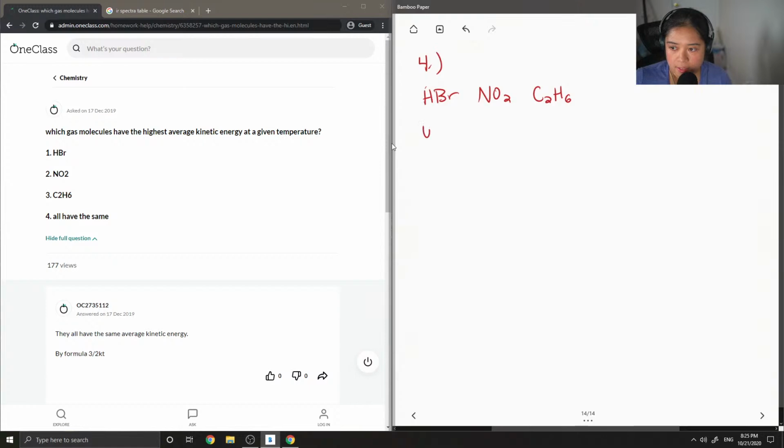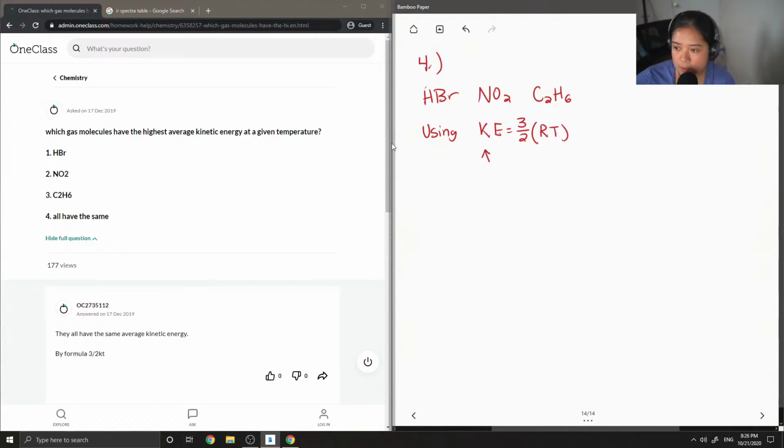So for kinetic energy, we're going to use this equation just to see what it is. It's going to be 3 over 2 times RT.